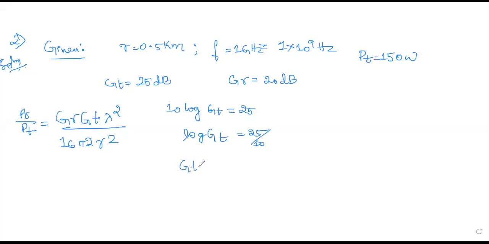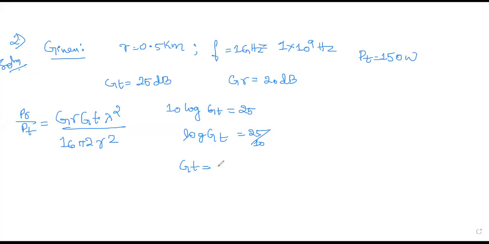Then GT will be equal to the anti-log of 25 by 10. Divide 25 by 10, that is 2.5, then take the anti-log of 2.5.